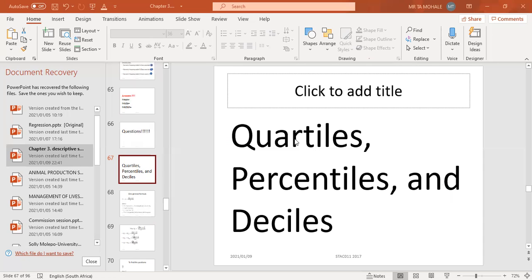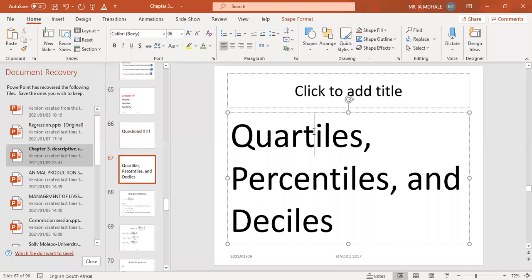Whenever you see the word quart, what do you think of in terms of numbers? 4. With quartiles, we will always divide by 4, right? Don't forget that. Percentiles? 100, because of cent, from century or centimeter and so forth.